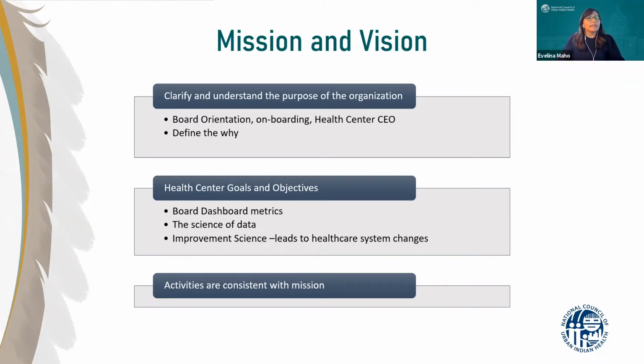For example, if you want to expand services, you look at the services you provide and how much you provide over that time. There is also the science of data, which we'll touch on as we talk about quality, as well as another entire discipline on how to improve and change things or enhance the way we operate as a healthcare system.